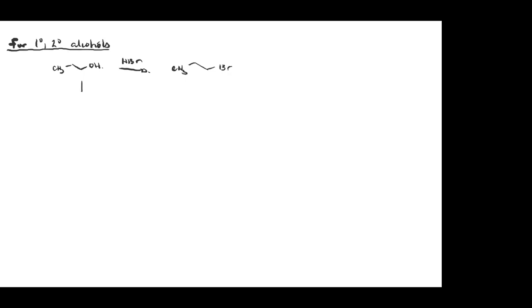So I will still protonate in the first step, but then there's no spontaneous ionization that occurs. The bromide comes in and does backside attack and displaces water, and that gets you to the product directly.